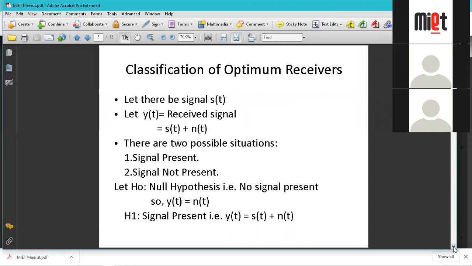So I'm representing it as two hypotheses. The no-signal situation is represented as the null hypothesis. No signal means there is no signal at all, so Y(t) becomes equal to N(t). The presence of signal has the original equation, Y(t) equals S(t) plus N(t). I'm calling this hypothesis 1. Please go to the next one.